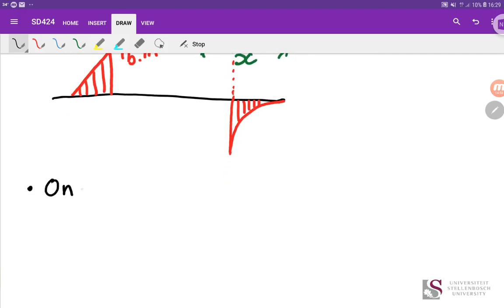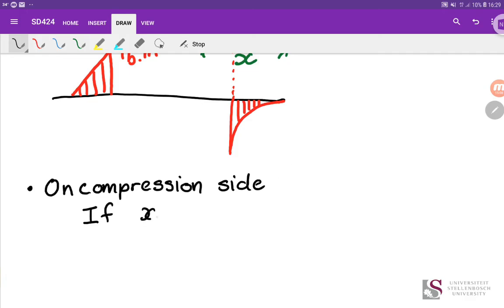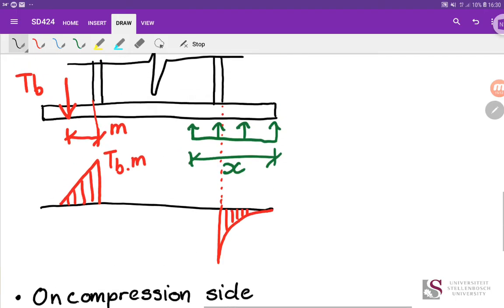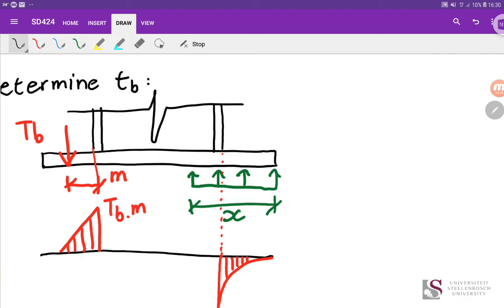On the compression side, as I said, there are going to be two different setups. If x is less than c end, and what we're going to call this is the end distance.